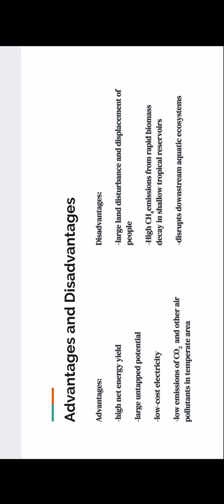They also create very high methane emissions because there's a lot of plant decay from the reservoir being dammed up. And like I said, it disrupts both upstream and downstream aquatic ecosystems.